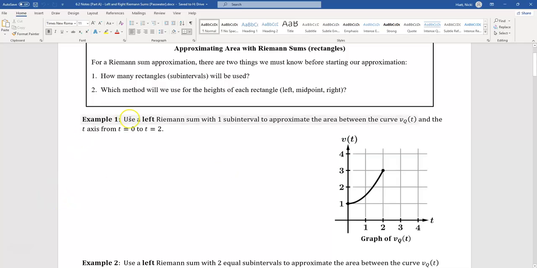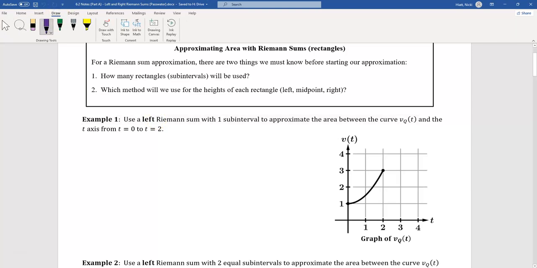Okay? If you are using a left Riemann sum with, actually, I got us with one subinterval right here. One subinterval, that means one rectangle, right? Then you get pretty bad results for this, right?